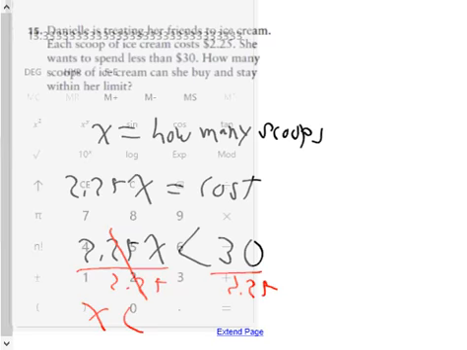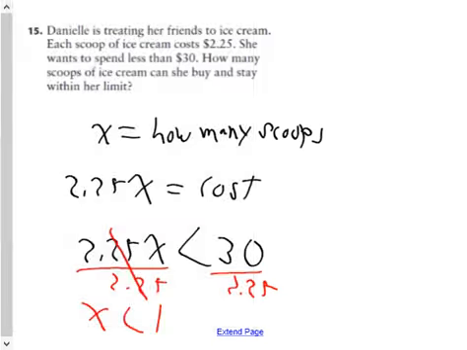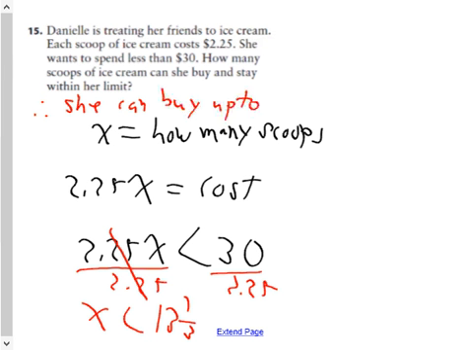She can buy 13 1/3 scoops. Can she buy 1/3 of a scoop? Probably not. So if she wants to spend less, therefore, she can buy up to 13 scoops. Oops. Well, my P is backwards, but you get the idea.